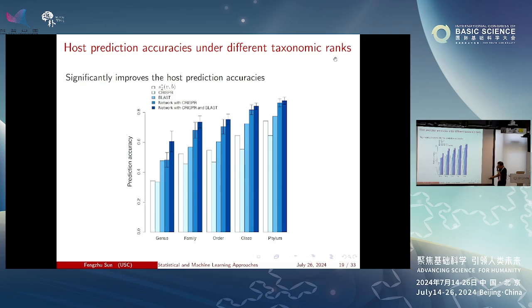Sure, at a very high level you can predict more accurately. But for each of these taxonomy levels, you can see that by integrating the alignment-free, as well as the network information, you can get much higher prediction accuracy. Okay, so that's one.